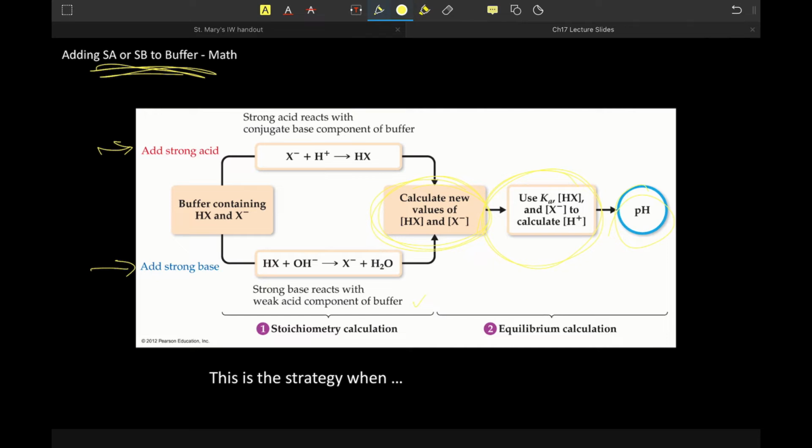Note that this is the strategy when your strong acid or strong base is the limiting reactant, as in the amount of strong acid or strong base added is less than the buffer capacity. Obviously, if it exceeds your buffer capacity, there is no equilibrium. There's nothing else to consider. All of it's neutralized, and the pH now is just dependent upon the excess strong acid or strong base. Does that make sense?